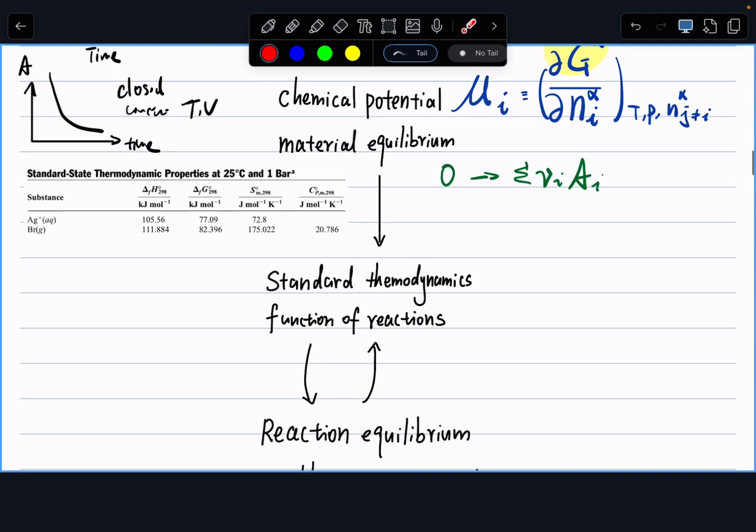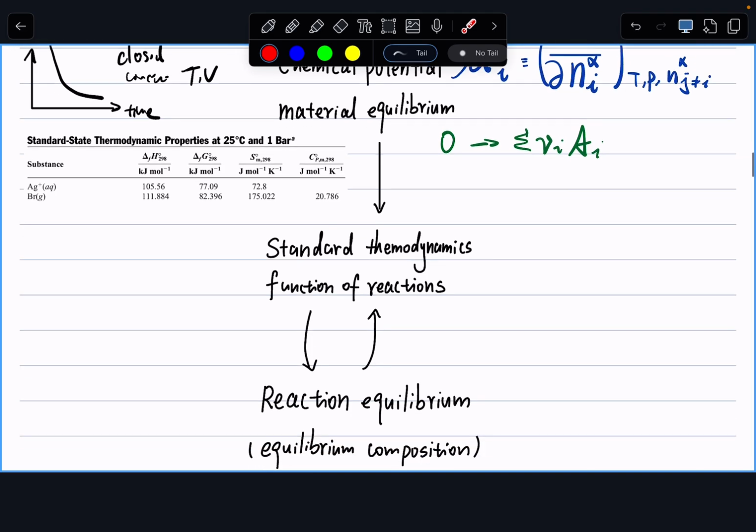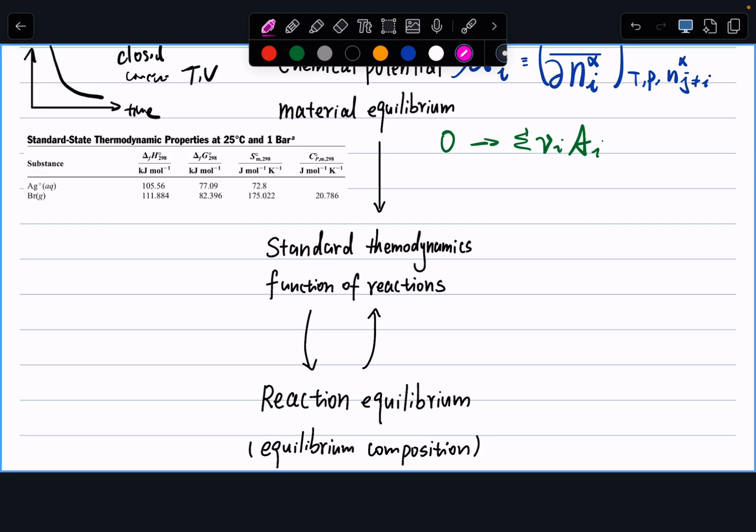And then we linked the things we calculated, like delta G of the reaction and delta H of the reaction, into the thermodynamics of chemical reactions. More specifically, we link delta G naught of a reaction at a certain temperature to equal -RT ln Kp naught.